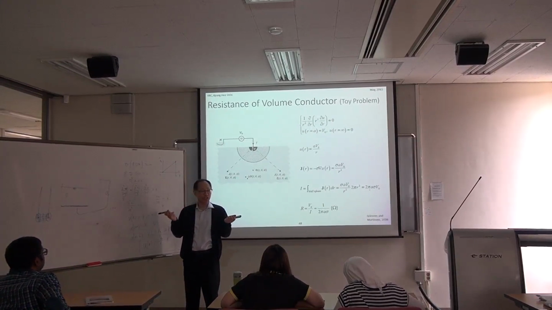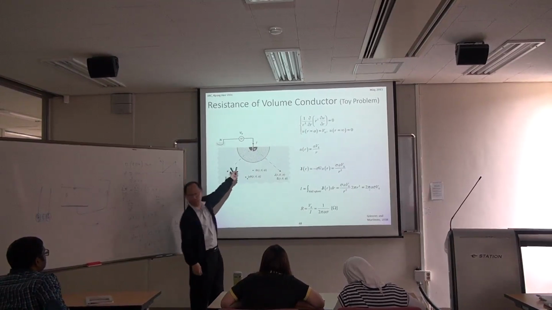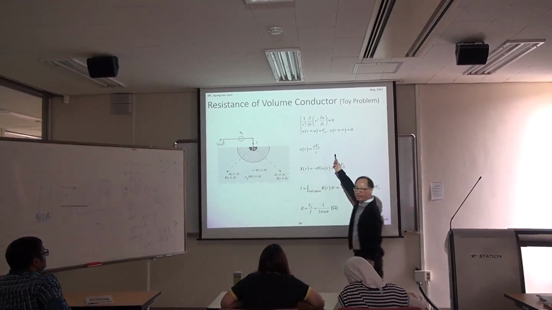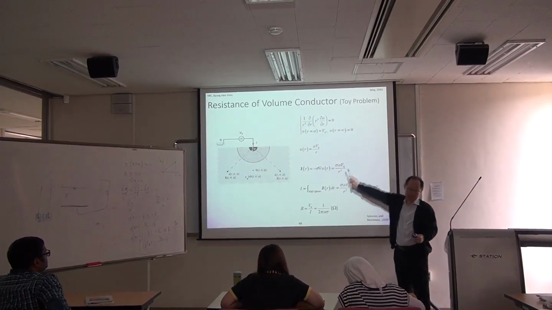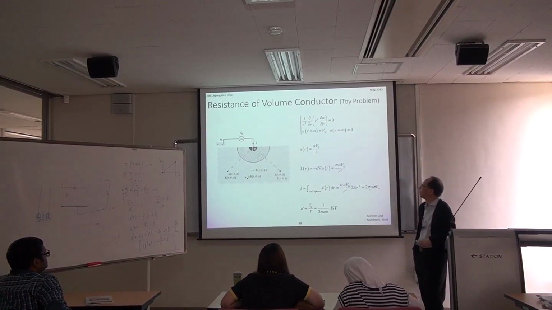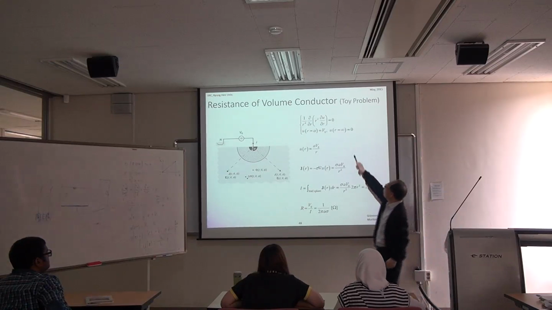Okay? So there's going to be change in voltage along only the radial direction in this geometry. So we have only the variable r, and that's the form of the Laplace equation for the spherical coordinate system when potential changes only along the direction of the variable r. Okay? And we solve that equation.